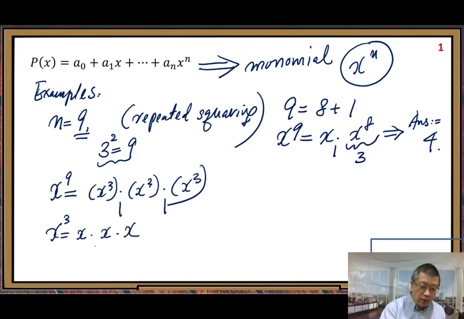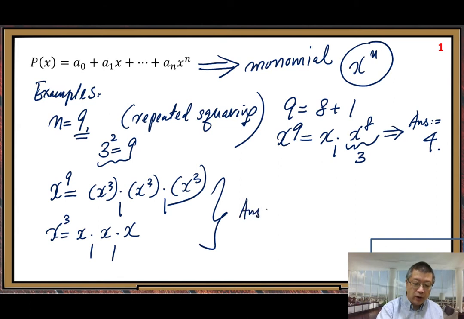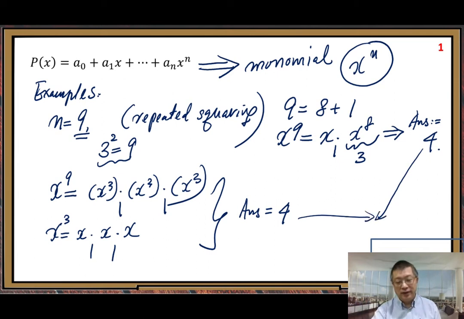Also 1 here, 1 here. So the total is 1, 2, 3, 4. The answer also equals 4. So repeated cubing and repeated squaring give the same answer for this number.